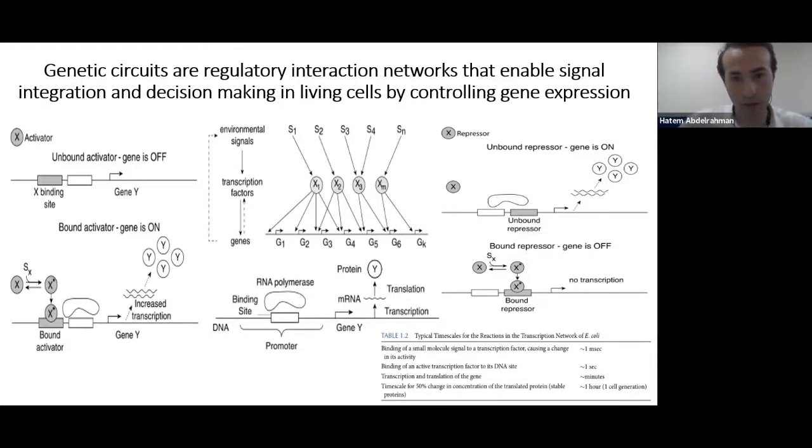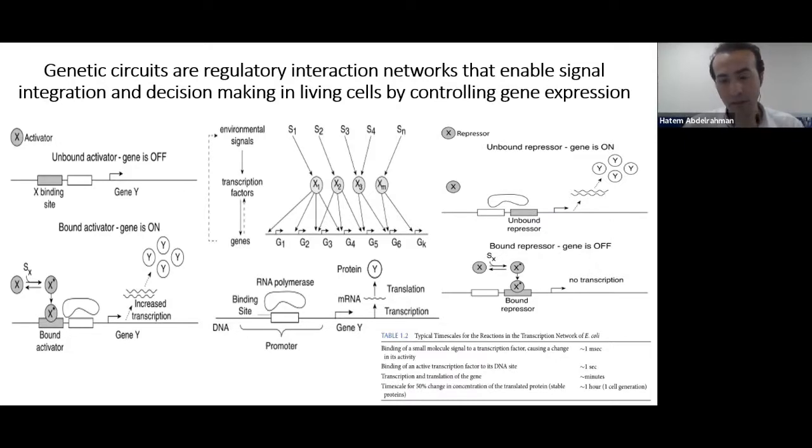For the transcription factors, there are basically two types: activators and repressors. Activators activate gene expression in response to specific signals, while repressors can repress gene expression in response to specific signals. And typical time scales for such regulatory interactions are outlined in the table at the bottom of the slide.